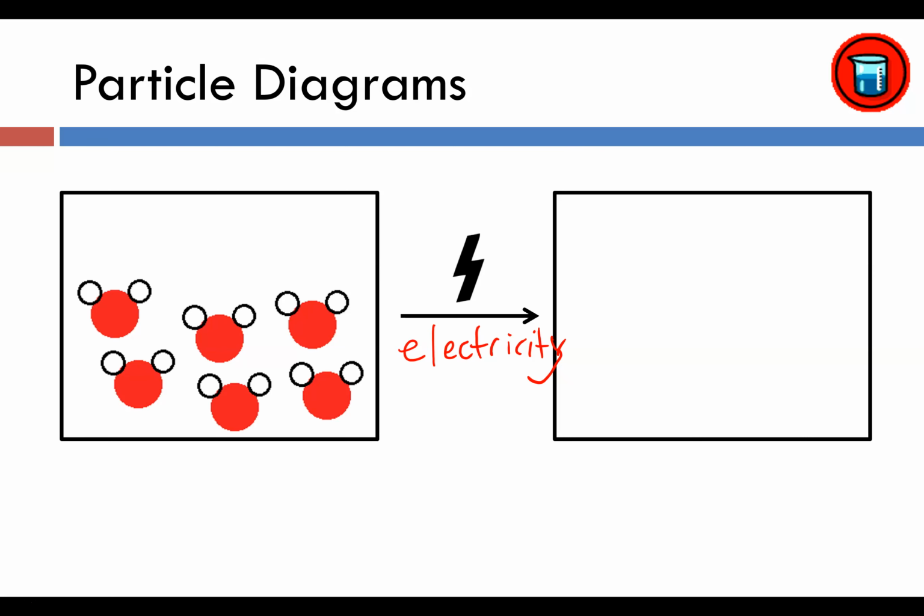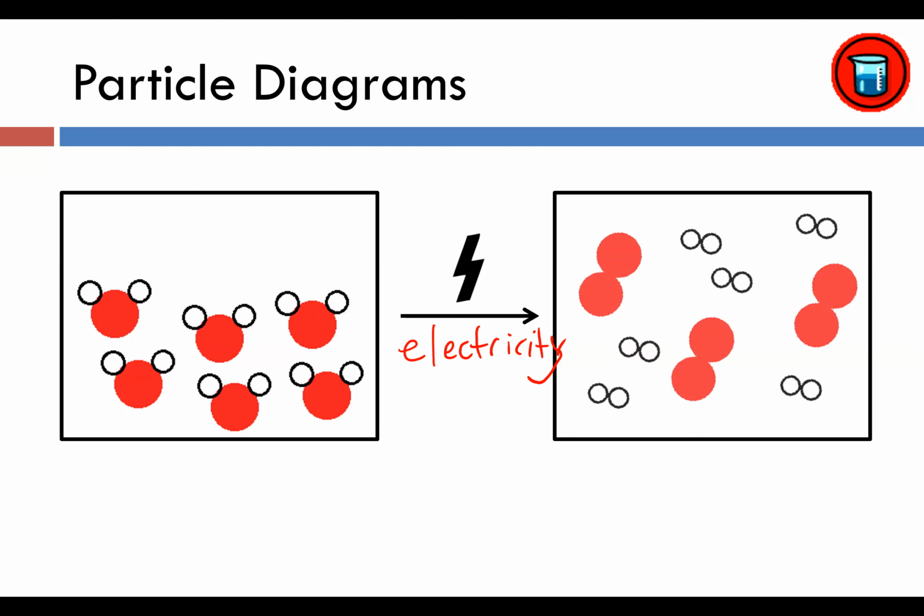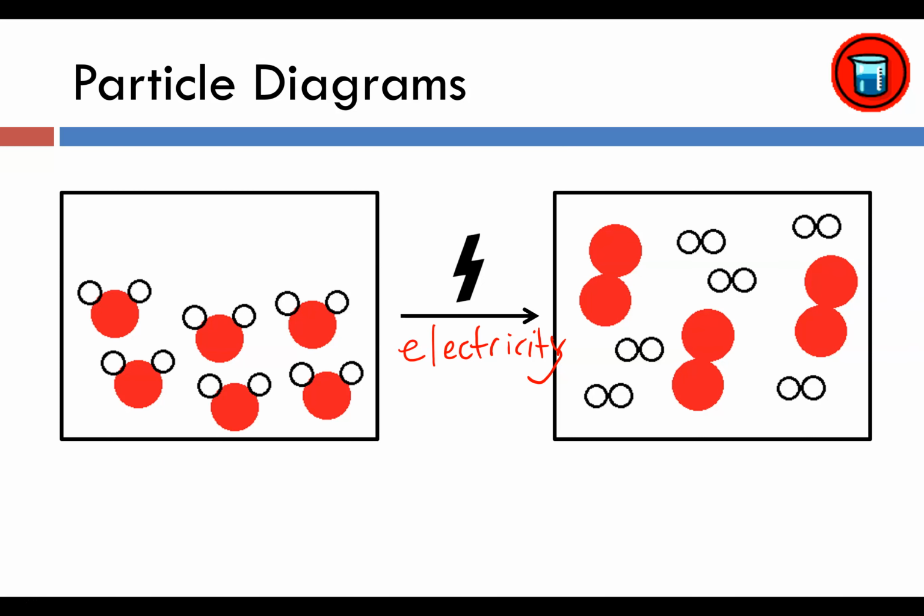All right, since this is our first lesson, you're going to get a lot of leeway on what counts as a correct answer. But ideally, you drew something that looks like this. As long as you did not draw 6 water molecules just in a different arrangement over in the products box on the right-hand side, your answer is going to be acceptable.